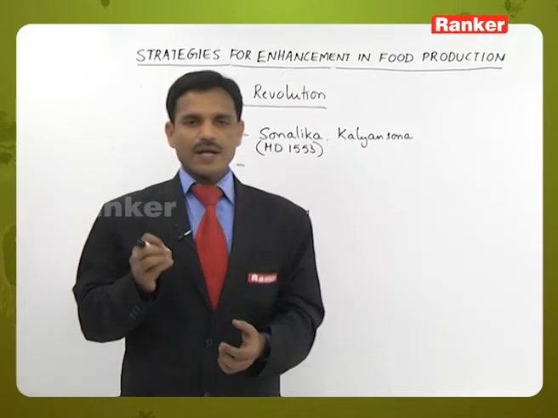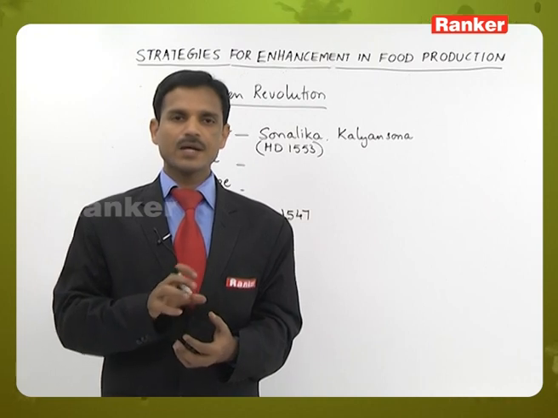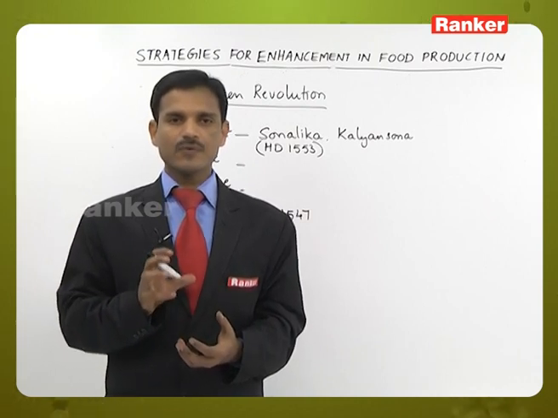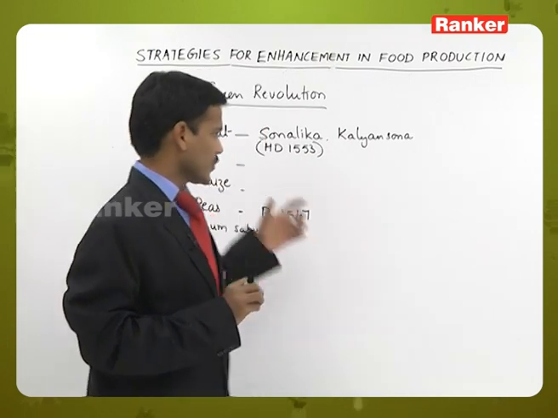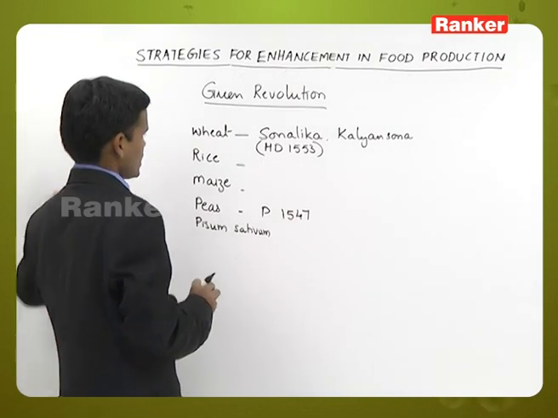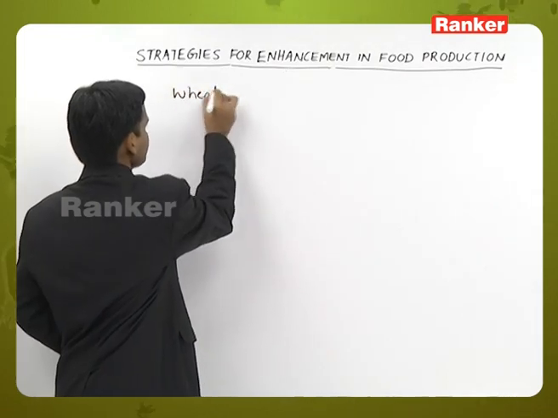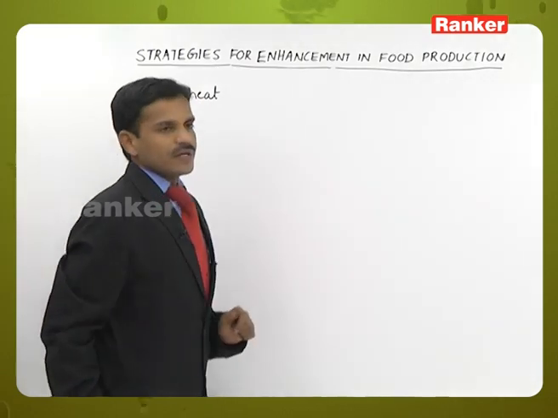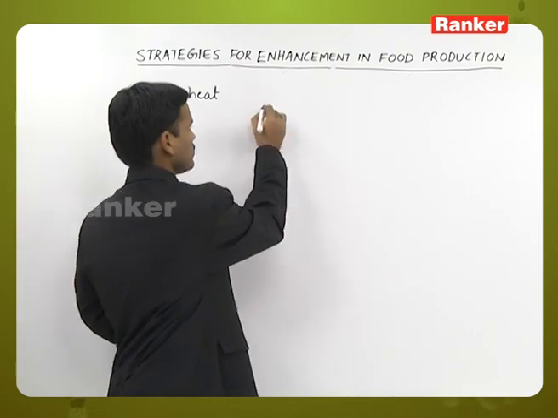A number of rice, wheat, maize, sugarcane and millets, different types of food grain crops, were developed. These varieties we will discuss one by one. First, wheat varieties like Kalyan Sona and Sonalika.